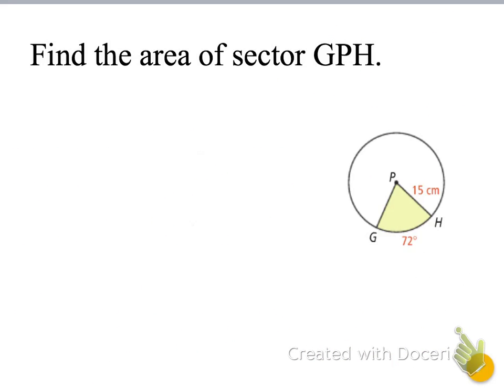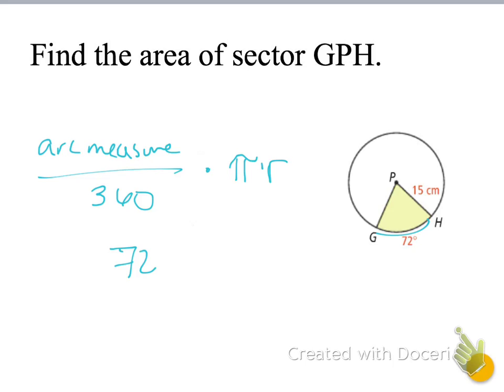Find the area of the sector. We said it's the arc measure divided by 360 times pi times your radius squared. So our arc measure is 72, times pi, times our radius, which is 15. We're going to leave it in terms of pi.